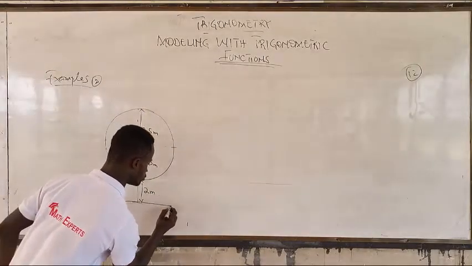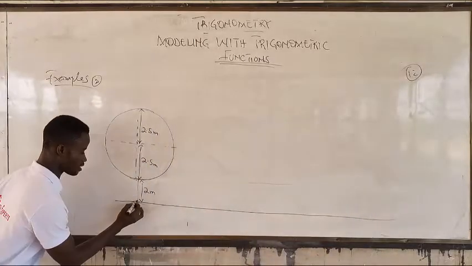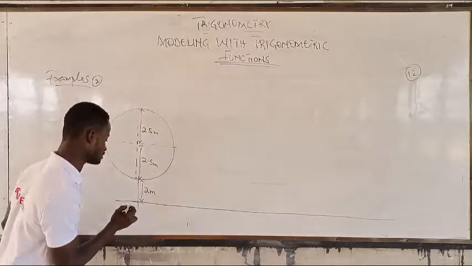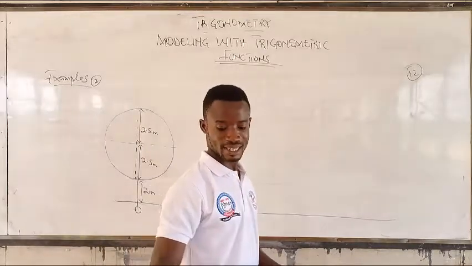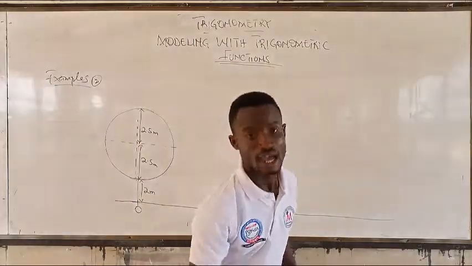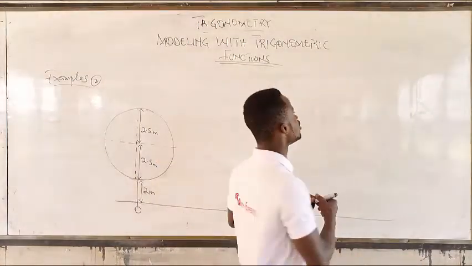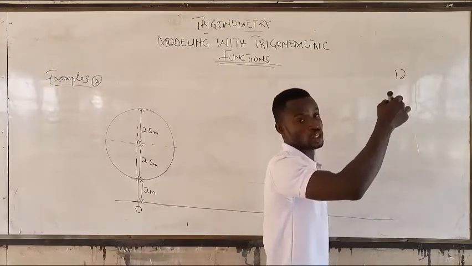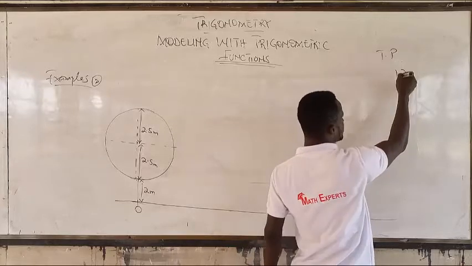So you draw your line here. Nice one. Then you know that it always starts at 0. So you start at 0. But you are saying that it makes 12 seconds after one revolution, so that means that the time period is going to be 12.